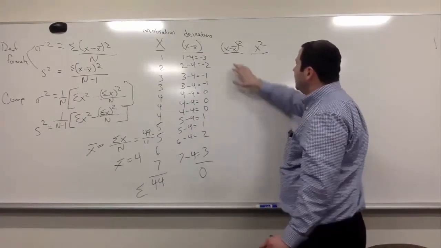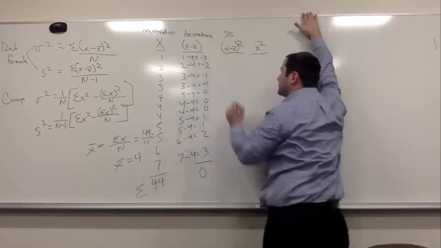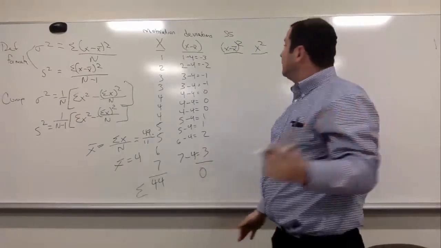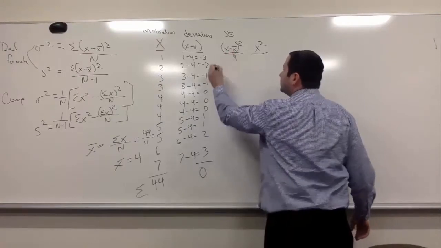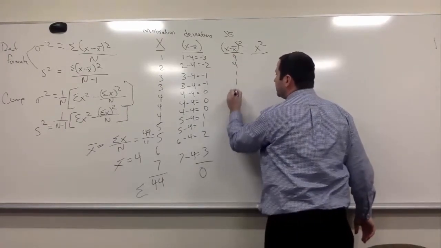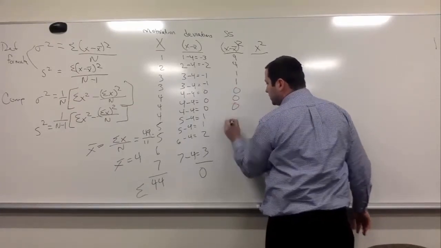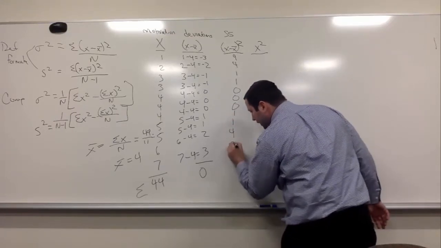Okay. The sum of squares, this is called SS, or the sum of squares, is not always equal to 0. So -3 times -3 is 9, 4, 1, 1, 0, 0, 0, 1, 1, 4, 9.